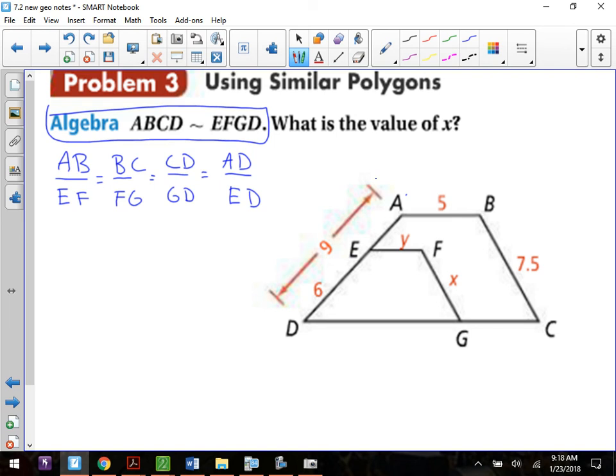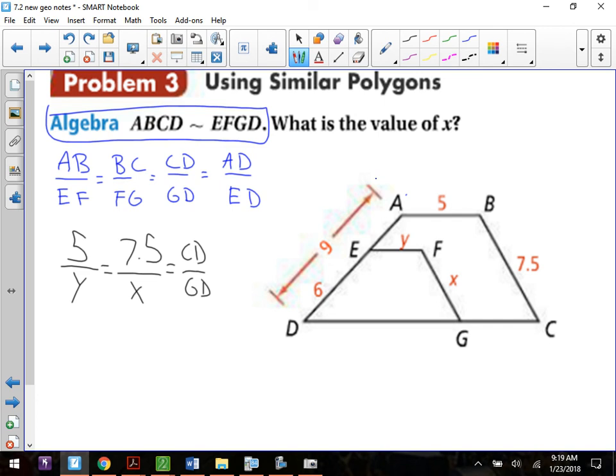So I would say 5 is to EF, which is Y. BC, 5, FG, X, CD, I don't know, GD, I don't know.